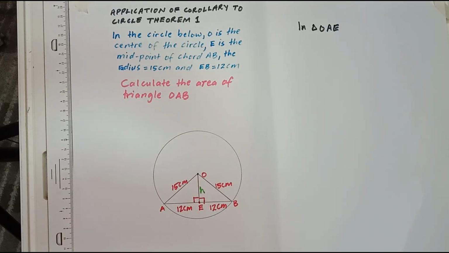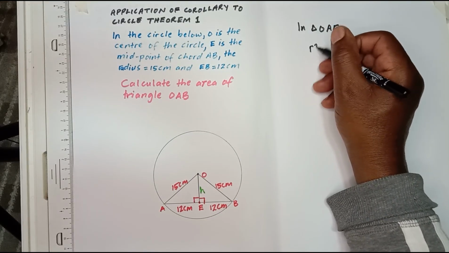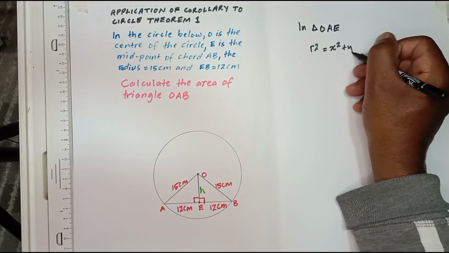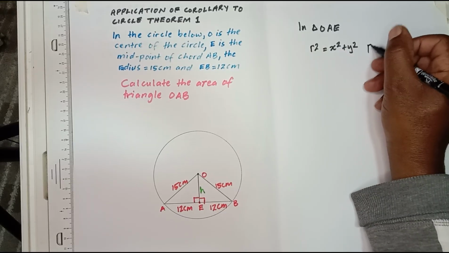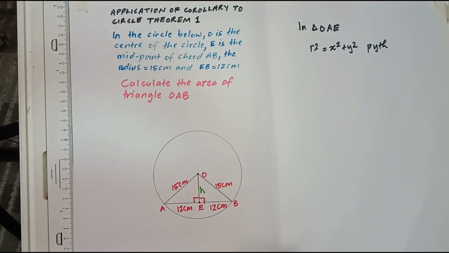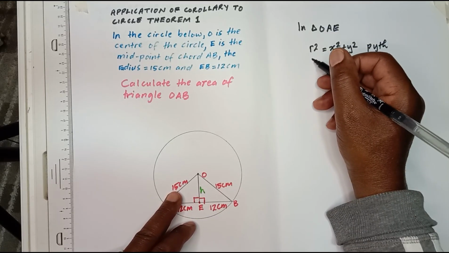So we can apply Pythagoras theorem and say r squared is equal to x squared plus y squared. The reason is Pythagoras. We write the reason as Pythagoras. So in that triangle, the radius is 15 centimeters.